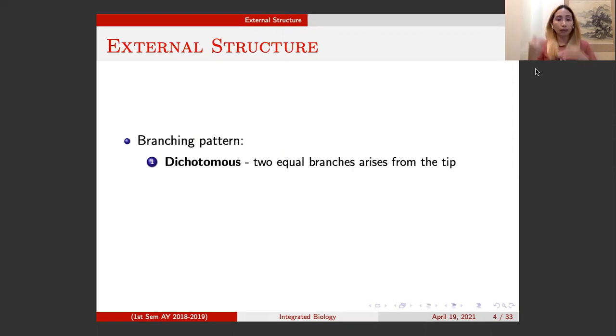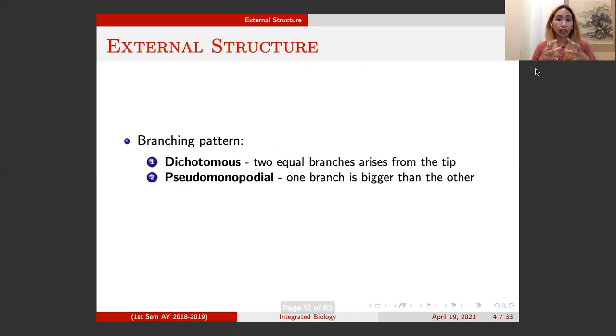Now, before we even go to the dominant type of branching pattern in higher vascular plants, there is another branching pattern that actually evolved from the dichotomous branching pattern. It is a more advanced evolution of the dichotomous branching pattern, and we call this the pseudomonopodial branching pattern, where there are also two branches that arose from a tip, but one of the branches became more dominant than the other.